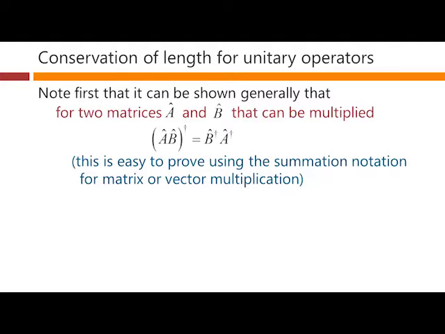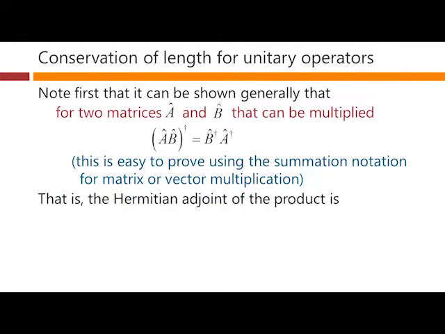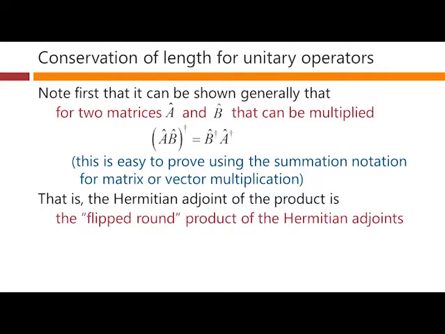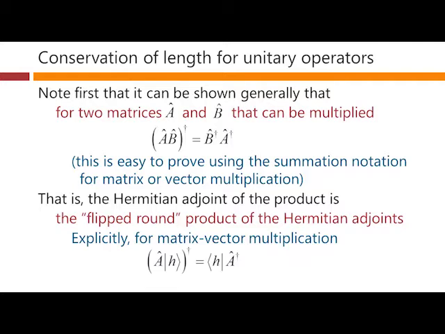We won't go through the proof here, but it's quite straightforward. So just to restate, the Hermitian adjoint of the product is the flipped round product of the Hermitian adjoints.